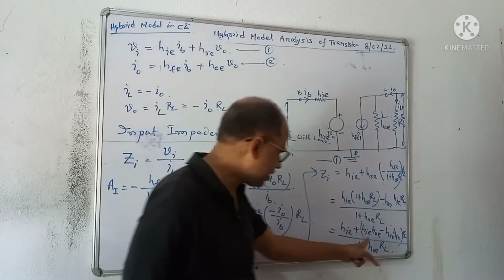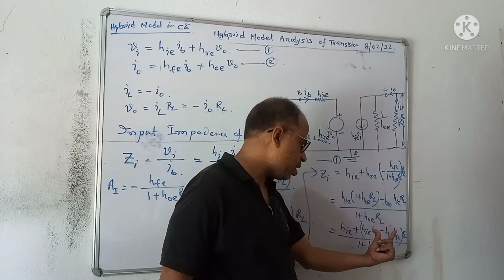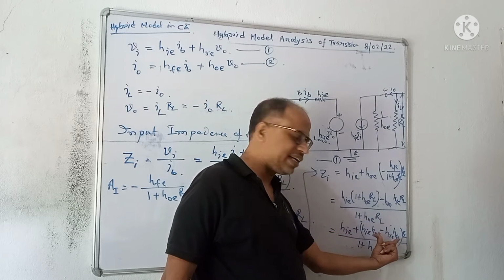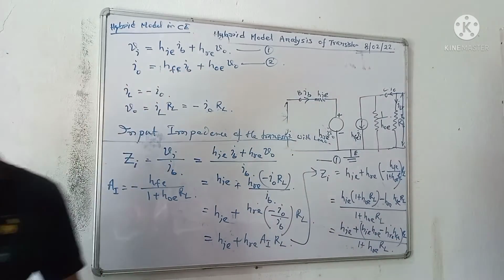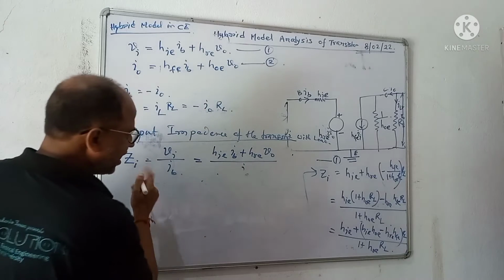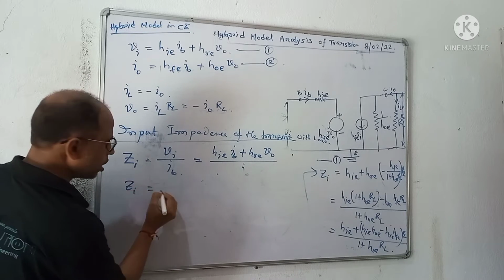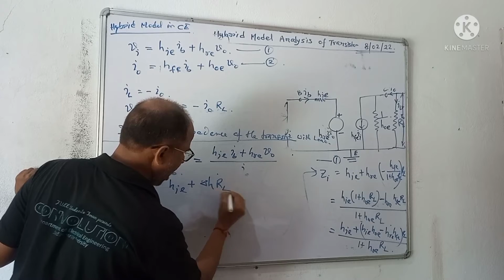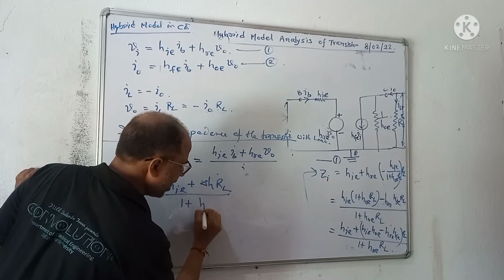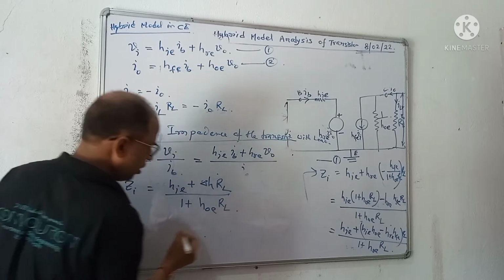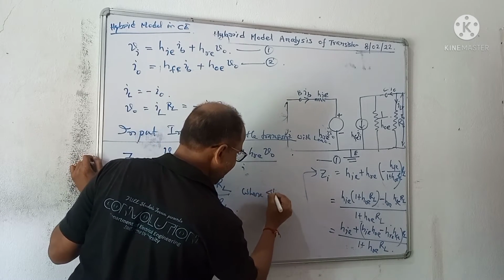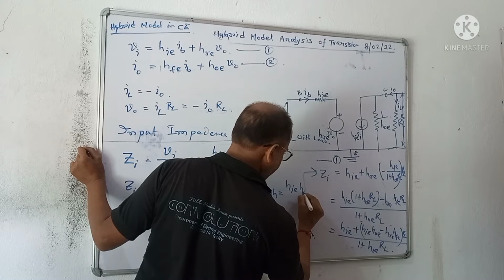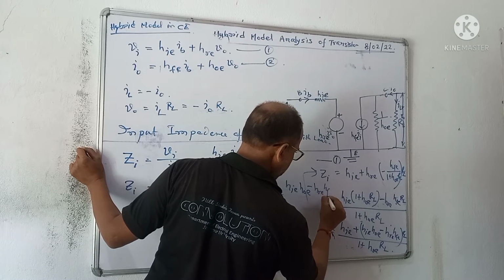Now take this term as delta H. Then we can write ZI equal to HIE plus delta H into RL by 1 plus HOE into RL, where delta H equal to HIE into HOE minus HRE into HFE.